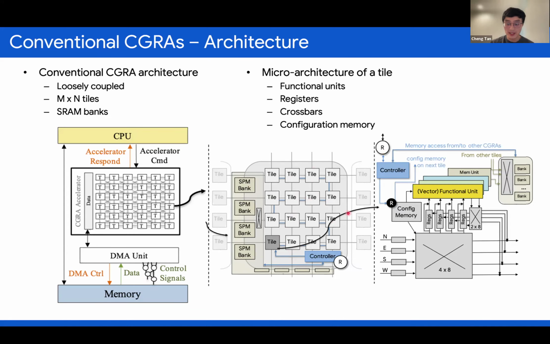For the microarchitecture of each tile, there are multiple functional units, such as a memory unit, adder, multiplier, or even a complex functional unit performing the MAC operation or other fused operations. There is a set of registers and a crossbar to perform the data routing across tiles, and a config memory, as I mentioned, which hosts what you can call instructions or control signals, notifying which functional unit needs to be invoked for each cycle's execution.